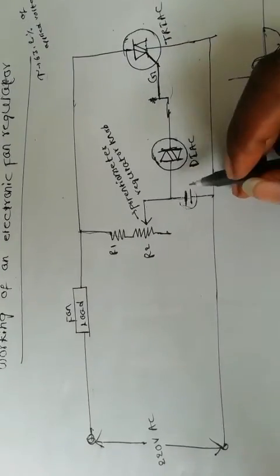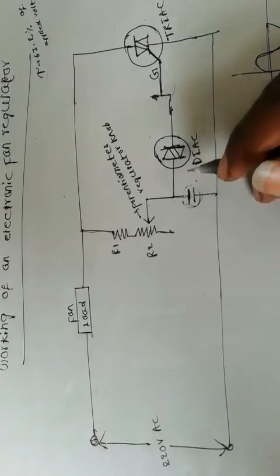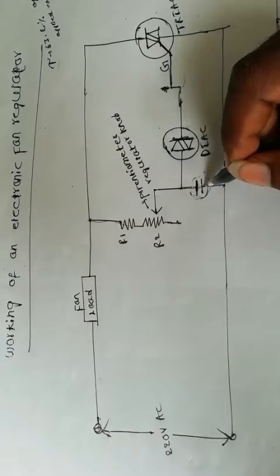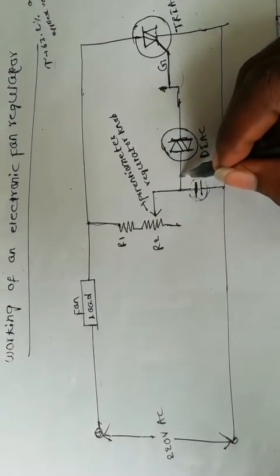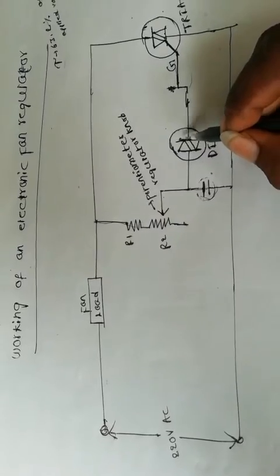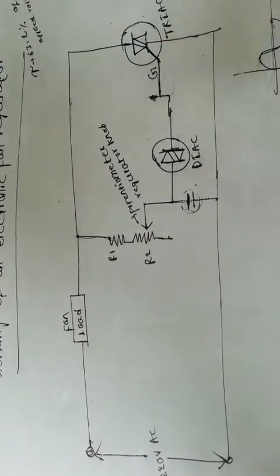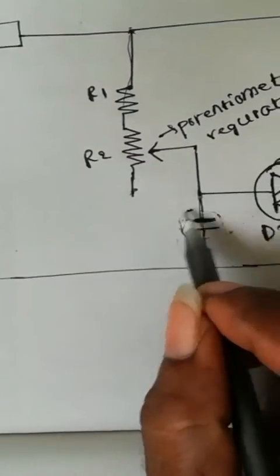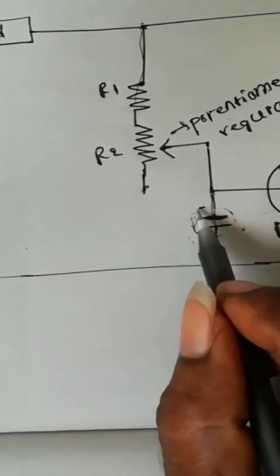But initially, until the capacitor is charged, the maximum amount of current flows this side only, and a minimum, ignorable current flows this side. But that cannot activate the diac component. Once the capacitor is fully charged, it acts as an open circuit.